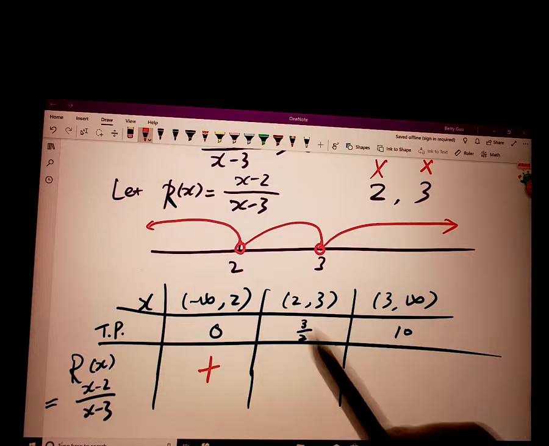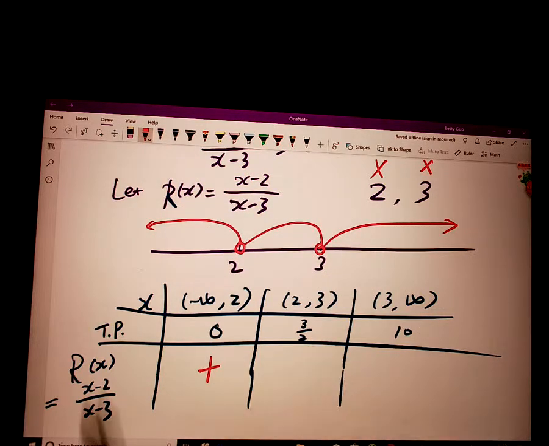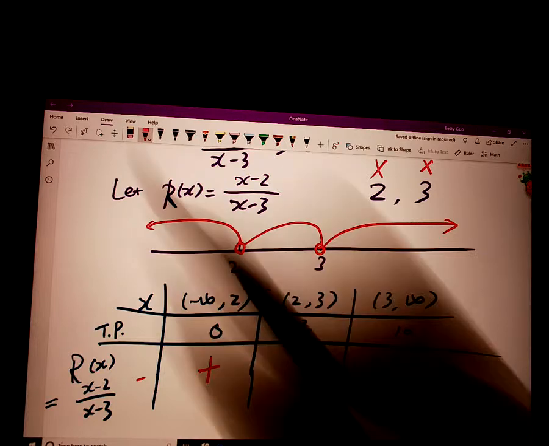Plug in x equals 3 over 2. The top is going to be positive or negative? Negative. The bottom is going to be... hold on. It should be 5 over 2, my bad.